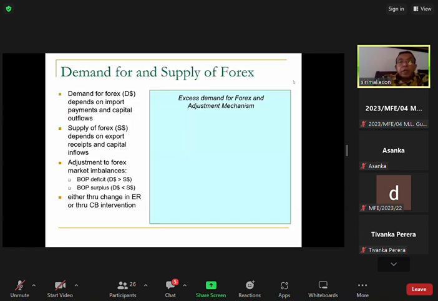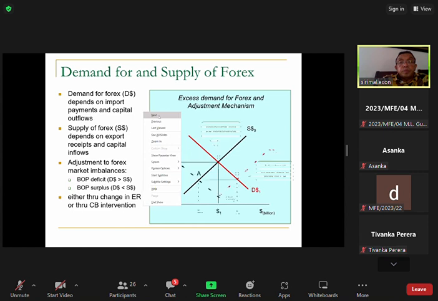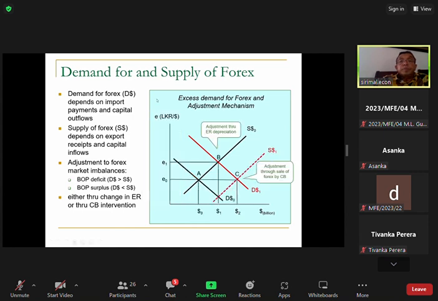Right. Now, after we do these things, we can draw our exchange rate. Let me show you. This is the demand and this is the supply.